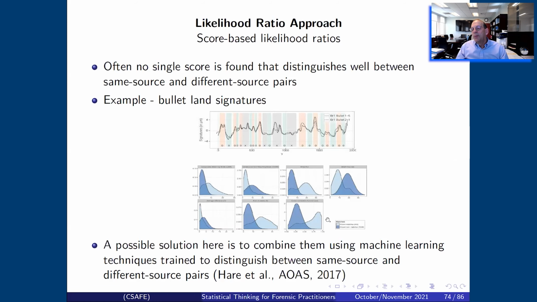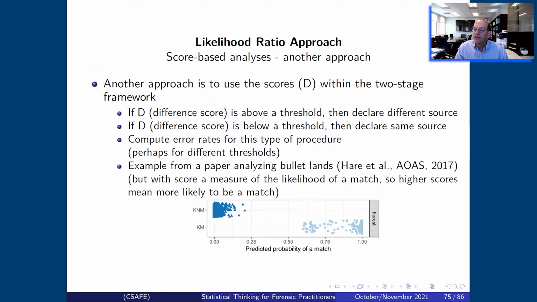Again, this is a little jazzy, a little fancy statistics. They took those 7 measures as input, and they built a statistical machine, if you will. It's called a random forest, that spits out the predicted probability that these 2 lands came from the same bullet. And they used that as their summary score.